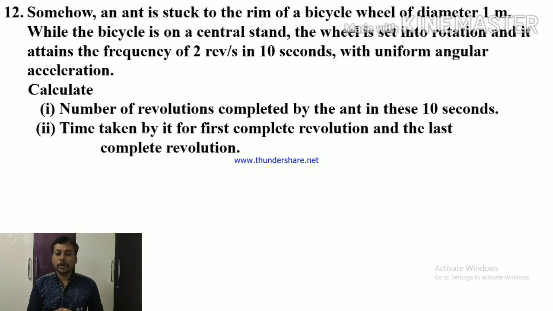While the bicycle is on a central stand, the wheel is set into rotation and attains the frequency of 2 revolutions per second in 10 seconds with uniform angular acceleration. Calculate the number of revolutions completed by the ant in these 10 seconds, and the time taken by it for the first complete revolution and the last complete revolution.